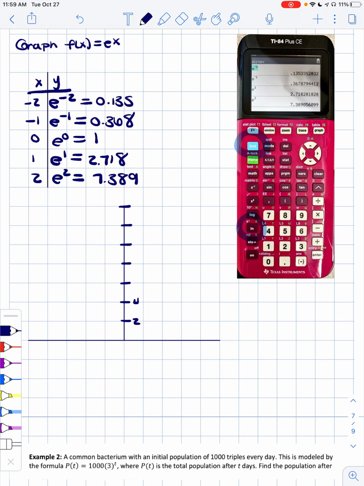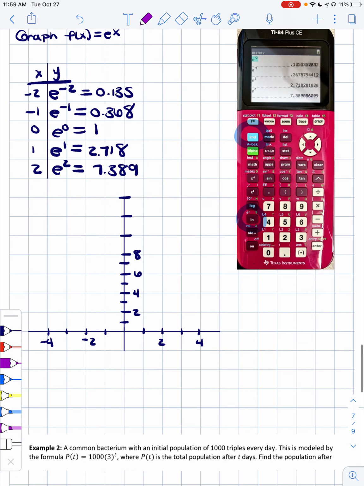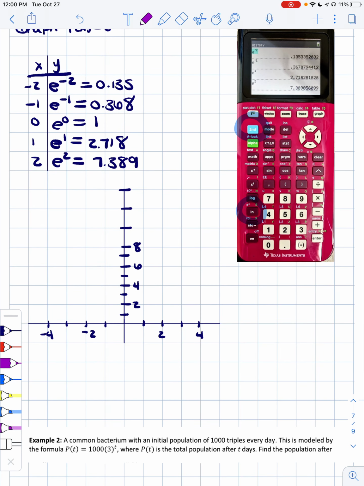I count my 2's here to make sure I fit this on here. As I said before, I don't really care what you count by on your scale as long as it's consistent and labeled. And just do your best with the decimals.